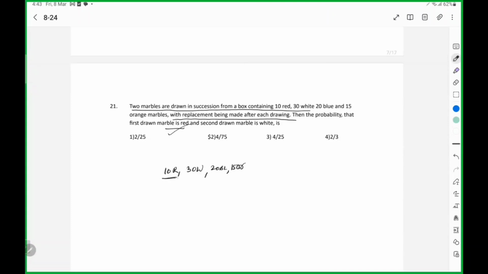First is red. How many red? 10 reds were there out of 75. And with replacement, the drawn one is replaced. Again 75 balls are there. Again one is drawn. And the second one is white.